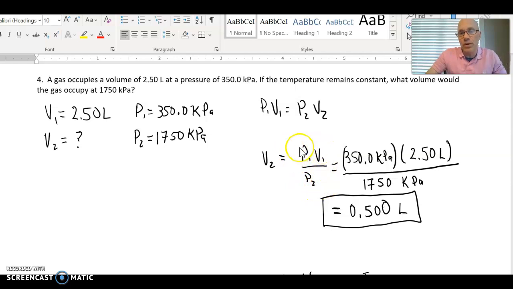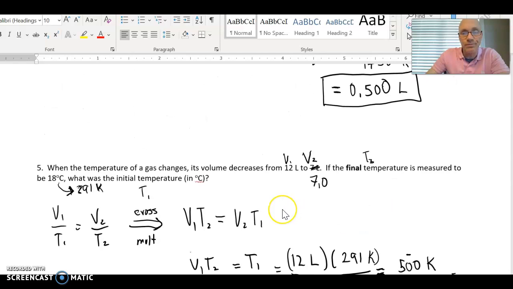That would give us this equation. We then plug in what we know, and we would get this number. Notice that I put these zeros after it because when you look at the number of sig figs in these, there should be 3 significant figures in the answer. You indicate that by putting these extra zeros right there.